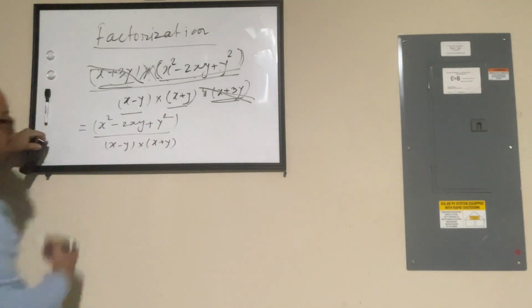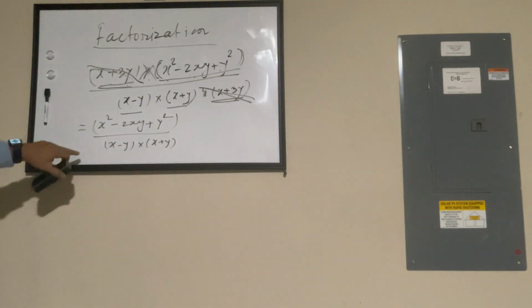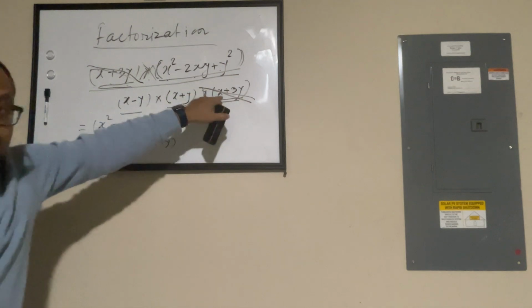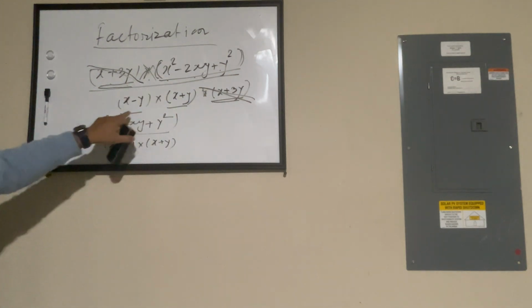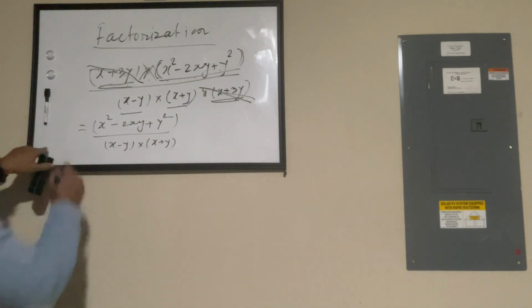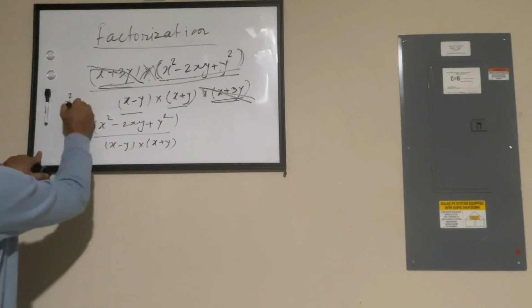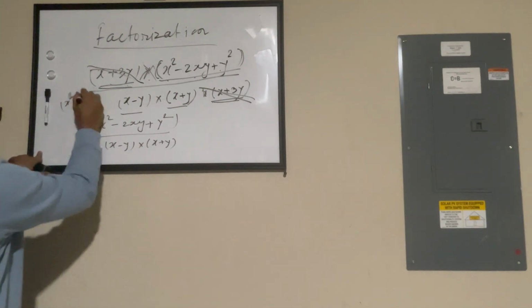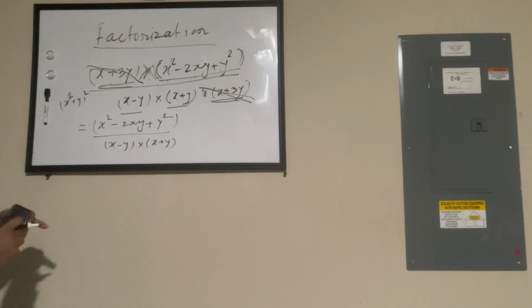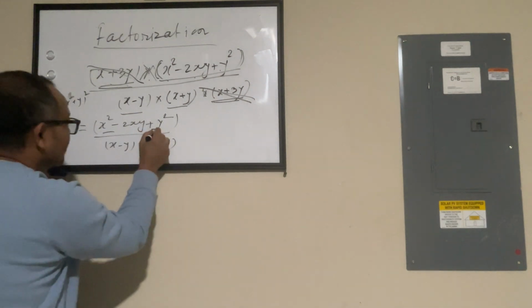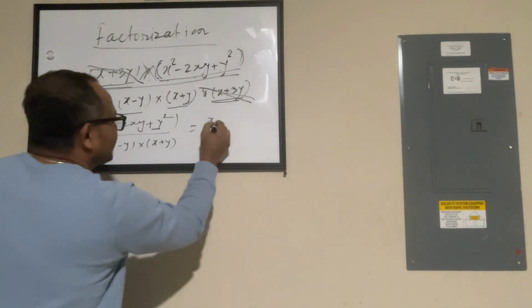If you would have written this equation, that okay, after this and this is gone, this is what we are left with, then you would not have written this as x plus y whole square. Okay? This is when the problem started. This is not x plus y whole square, this is x minus y whole square.